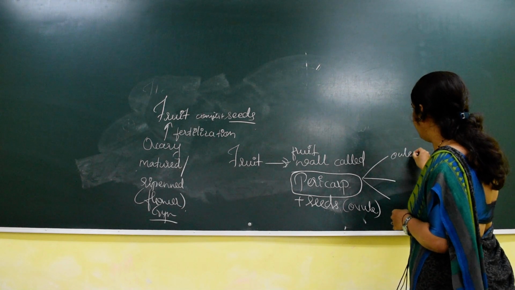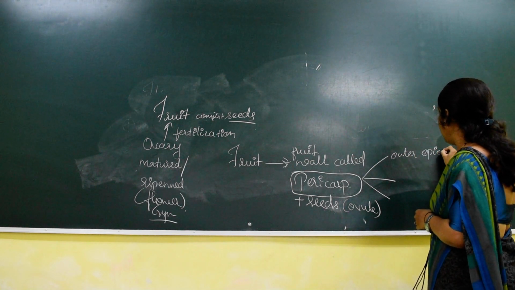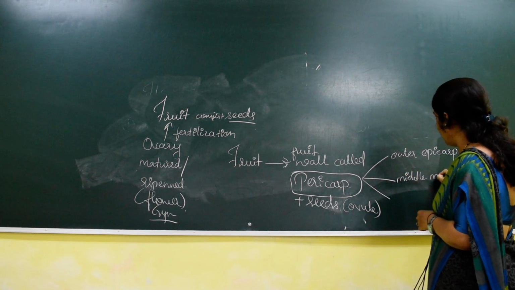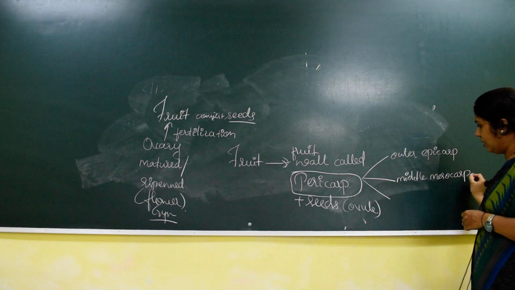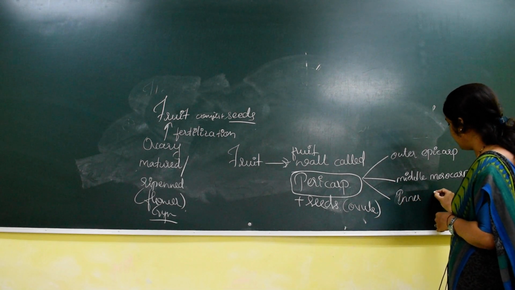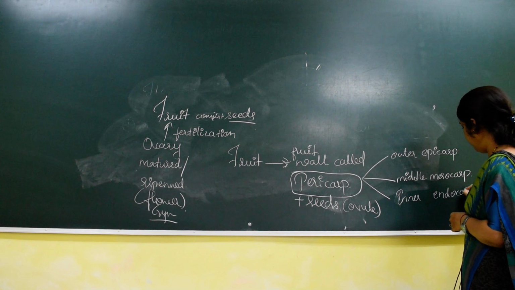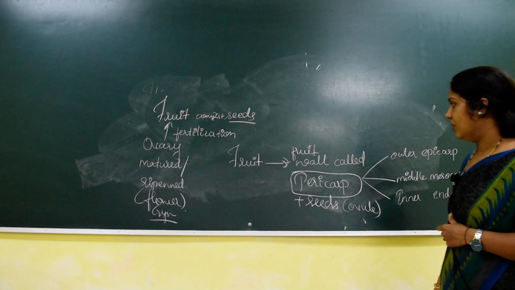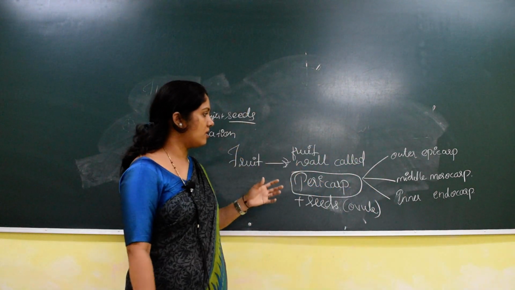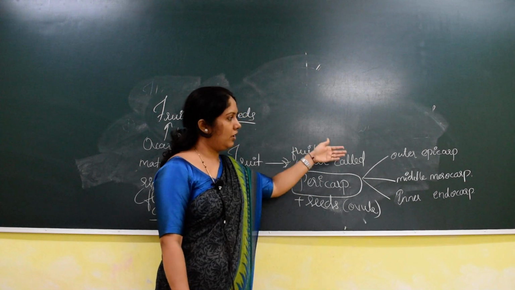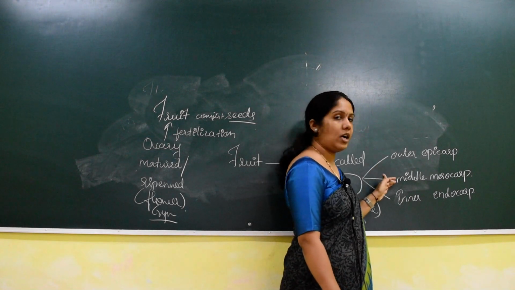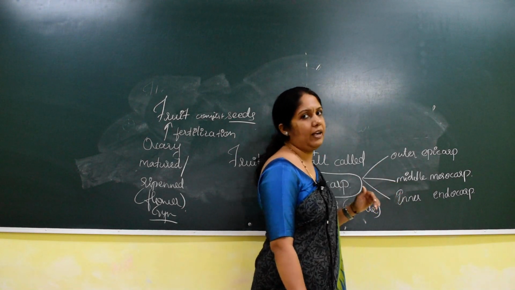The outer layer is called epicarp, the middle mesocarp, and the inner endocarp. Again, the entire fruit wall itself is called pericarp, which is divided into three categories: the outer is epicarp, the middle is mesocarp, and the inner is endocarp.